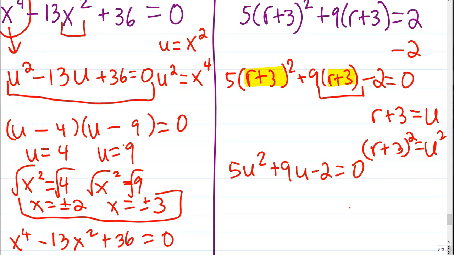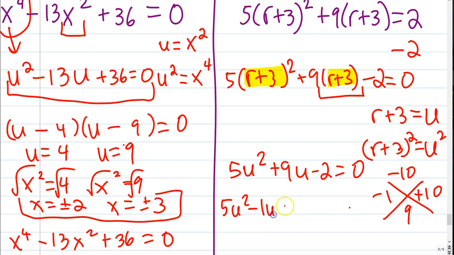Nothing all crazy anymore. So what's our AC? 5 times 2 is negative 10. Combined to make a 9. How about 1 and 10? The 10 is positive, the 1 is negative. So 5u squared minus 1u plus 10u minus 2.